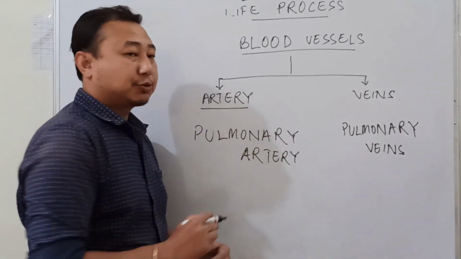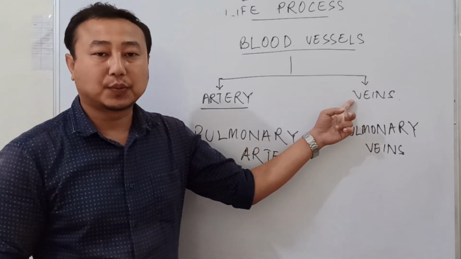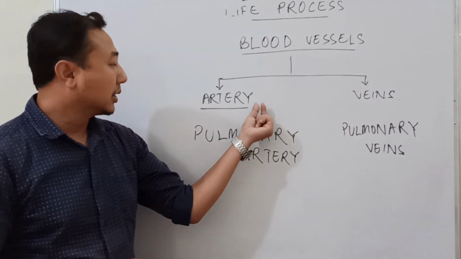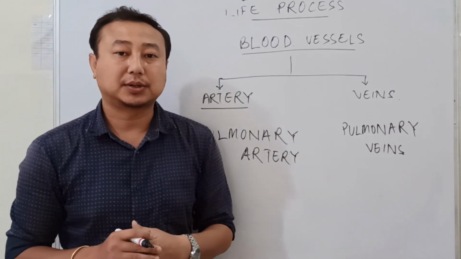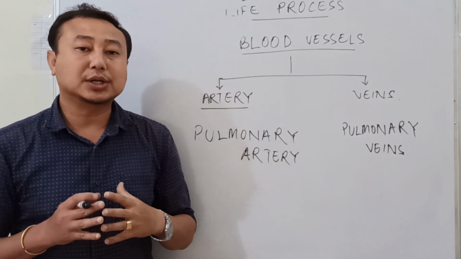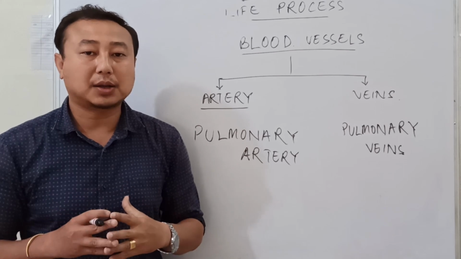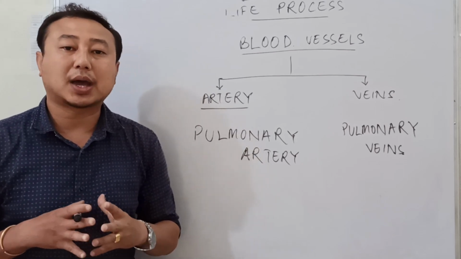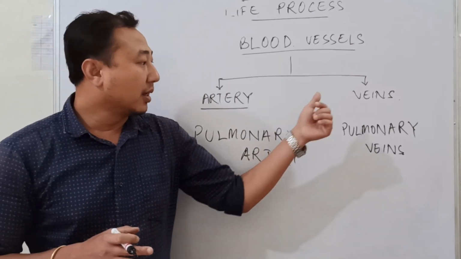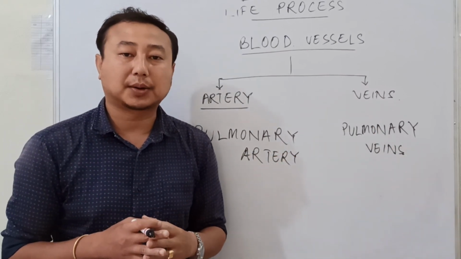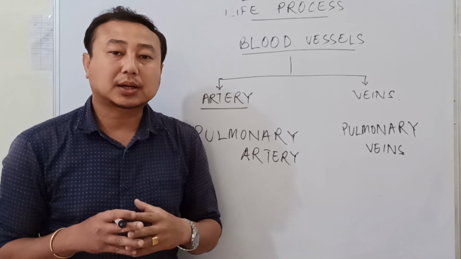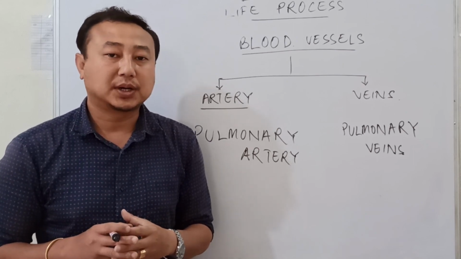The wall of the artery is thicker than the wall of the vein because the blood that comes from the heart has a high pressure. In order to withstand this high pressure, the arteries have a thicker wall. The veins bring the blood from different parts of the body to the heart, and this blood comes with a very low pressure.